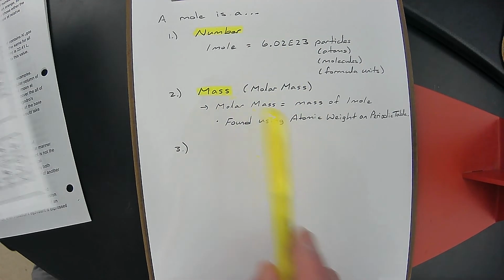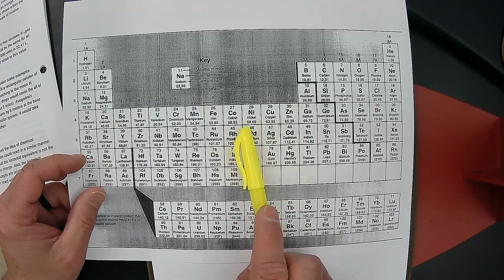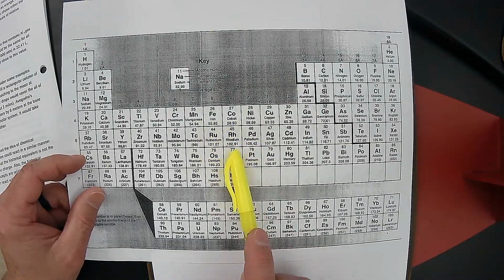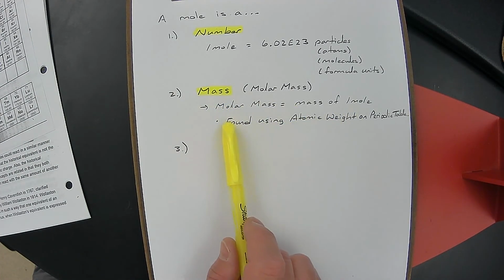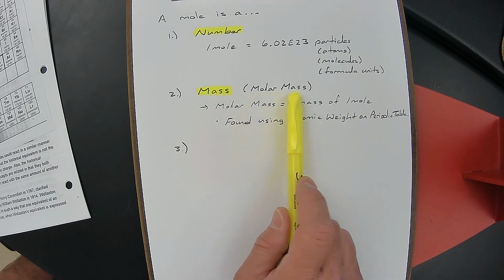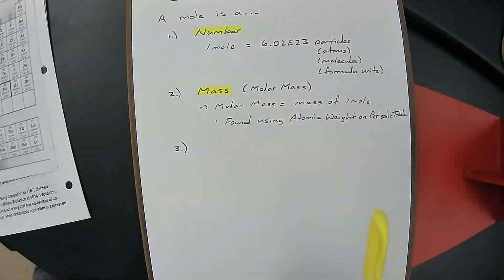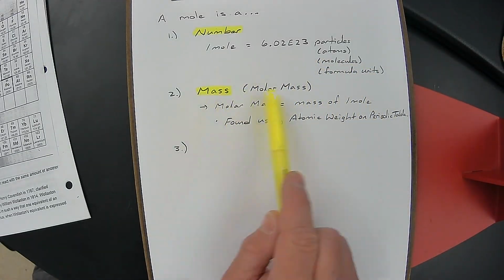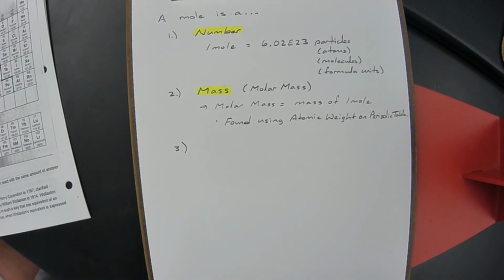But when we talk about a mass, it does change because we have to go look at the atomic weight on the periodic table to see what that mass is going to be equal to. And whatever that mass is, we call that the molar mass. We learned how to deal with the molar mass if you're dealing with an atom, just looking at the periodic table. We also looked at how you deal with the molar mass if you're dealing with a molecule or a formula unit, adding up each individual one depending on how many of each type of atom there are.